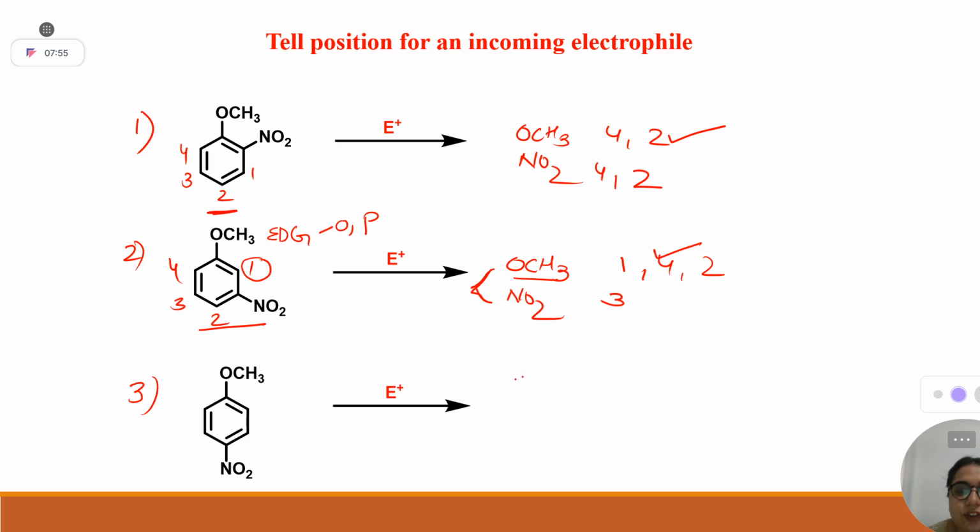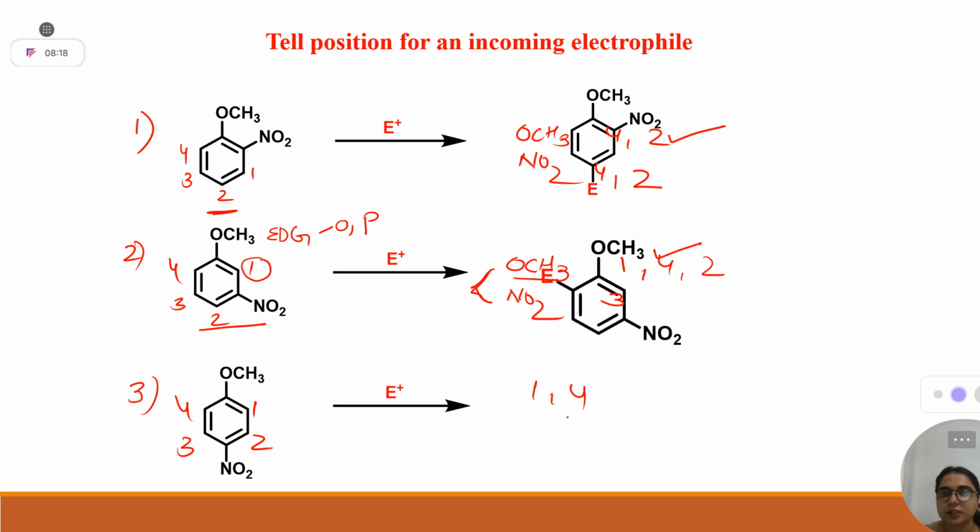Now, third, who will solve? Okay. The para position is blocked. One thing is clear. Let me again number one, two, three, four. Now tell me. One thing at the 1 and 4th position. Both are actually equivalent, right? So very good, 1 and 4th. So this is the product.